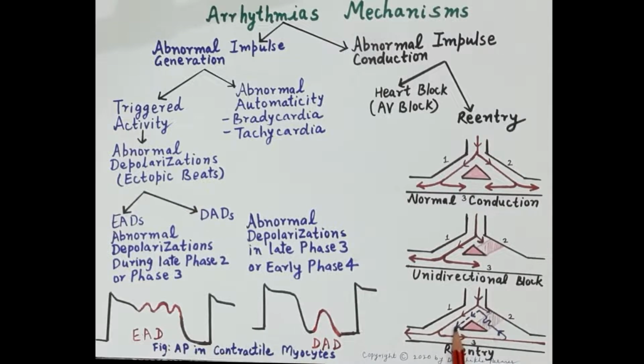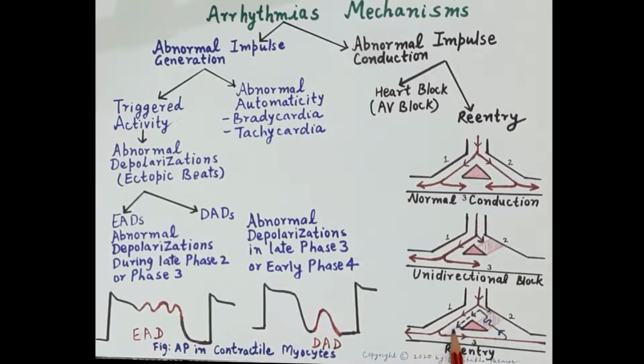So one way to prevent this propagation of the abnormal wave, or the re-entry mechanism, is to increase the effective refractory period of the cells present in path 1. If we increase the effective refractory period of the cells present over here, then this depolarization wave will stop propagating on its own.